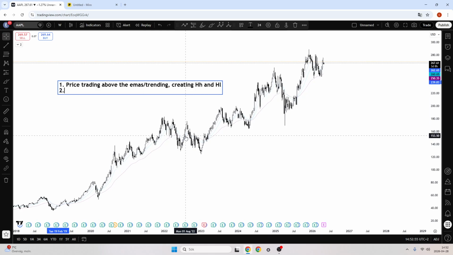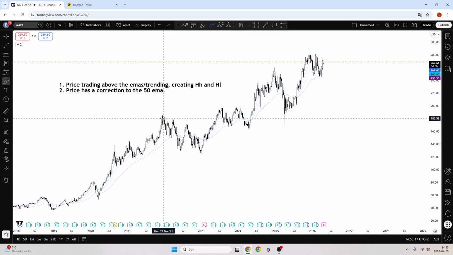And second of all, what happened after that? Well, price had a correction to the downside, as we see right here. So we can write that down. Price has a correction to the 50 EMA, right? And what happened next?